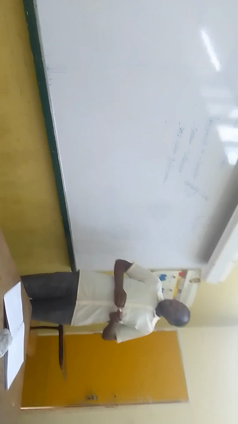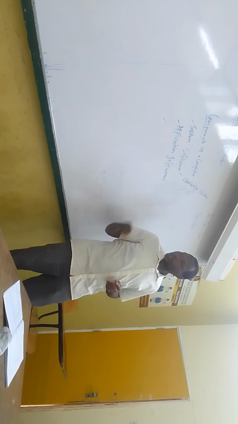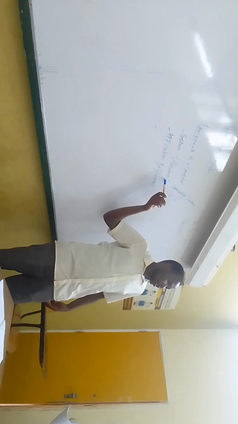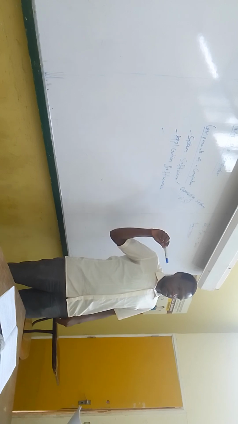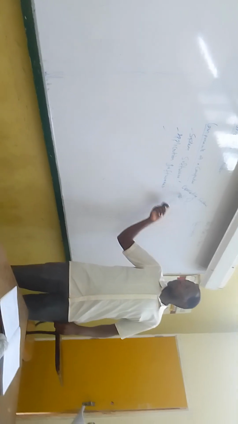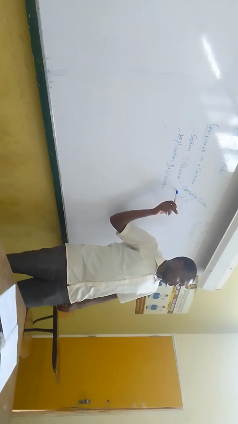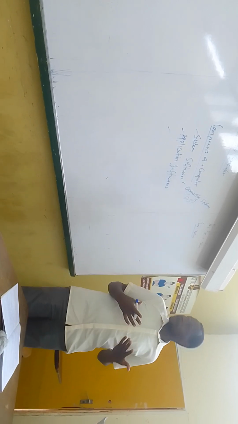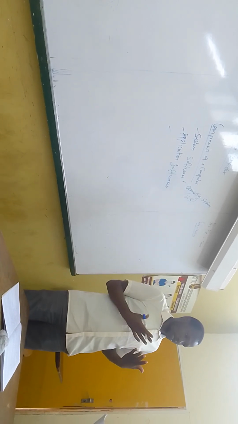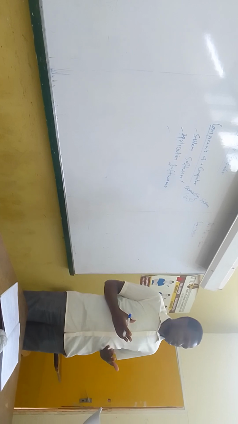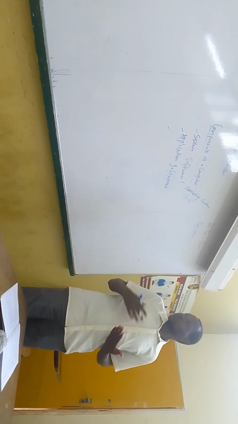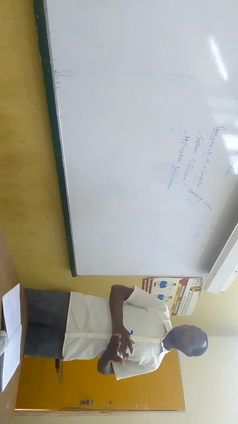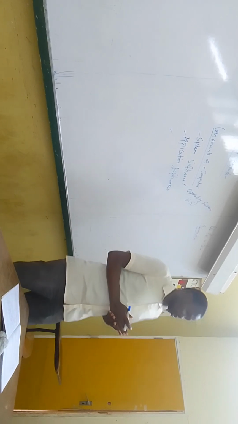When we talk about system software, we mean the software that controls the computer. Operating system, for example, is like a human being who has a brain and blood. We equate the operating system to blood, whereby without blood, there is no human being.